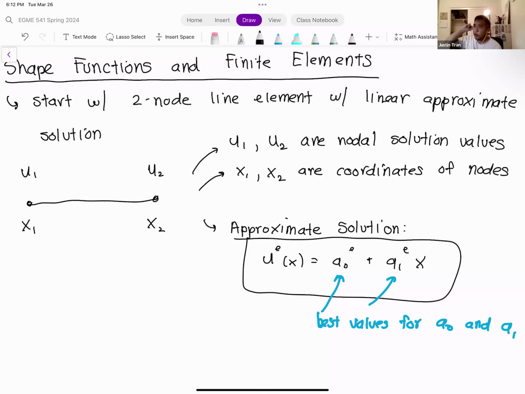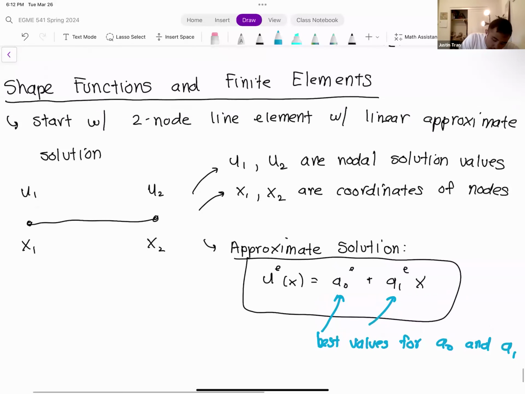So remember the requirements that we have on this function, right? We've already satisfied the completeness requirement, since we have a linear function and we included the constant term. So this polynomial is complete. The other requirement that this finite element function has to have is that it must be continuous across element borders. I don't have it here, but you can imagine this element is part of a greater geometry, so there's another element to its right and another element to its left.